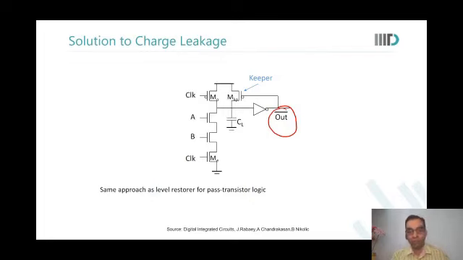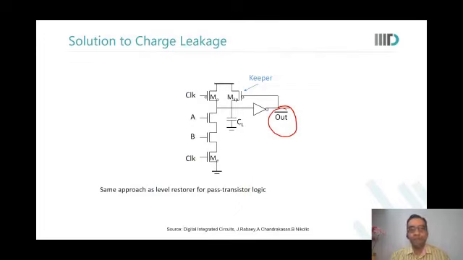It cannot be a falling transition. So if it has to be a rising transition, then the output has to be inverted from whatever you got from the dynamic gate. So actually you will use out bar at all the places where you need to use the output of this combinational gate.